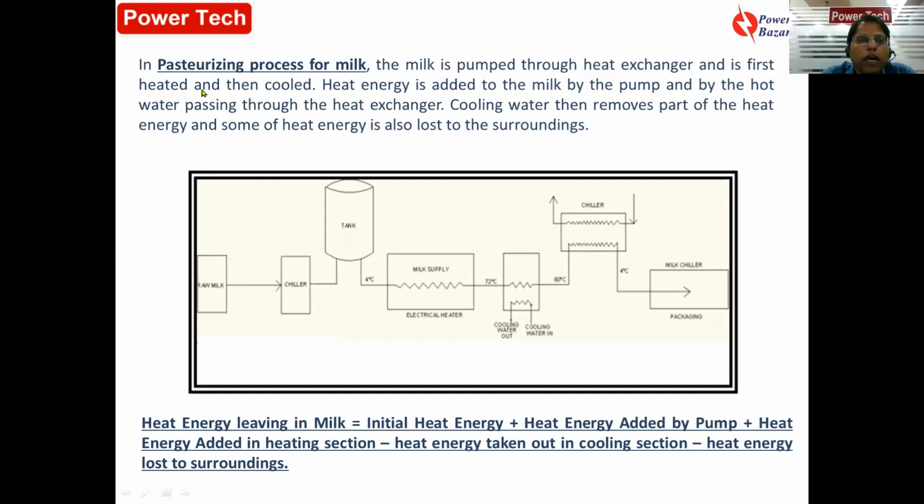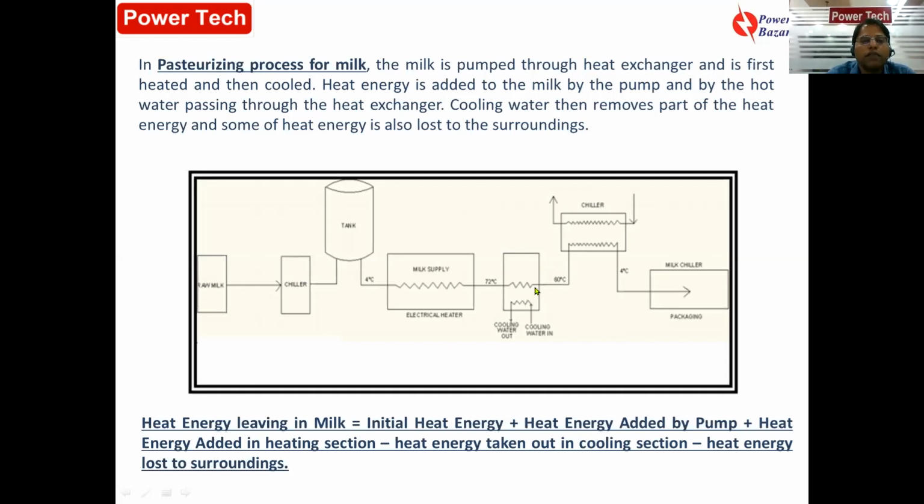So this is the pasteurization process of milk. In this case, the milk is passed through the heat exchanger, first heated, then cooled. Now heat energy is added to the milk. There is a pump, there is hot water. So here we are adding heat. Then cooling water removes the heat. This is basically removing the heat, and some of the energy is also lost to surroundings.